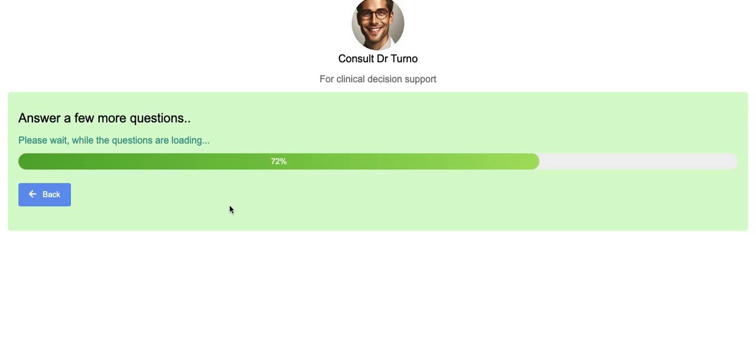But this TURNO model is not just the architecture, but it also consults other sources and finds the relevant information into the context. So let's just wait for the questions to load. Let's give it some time.